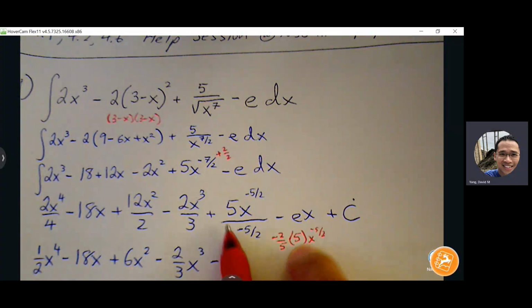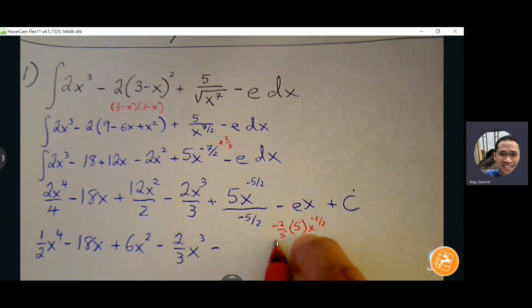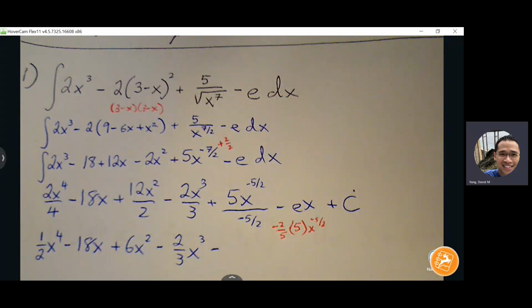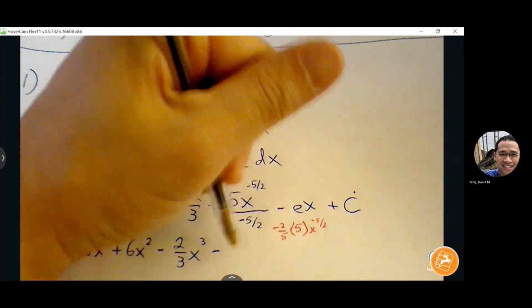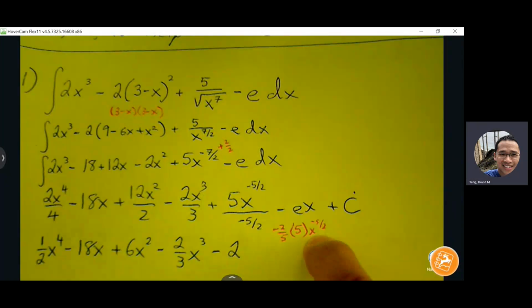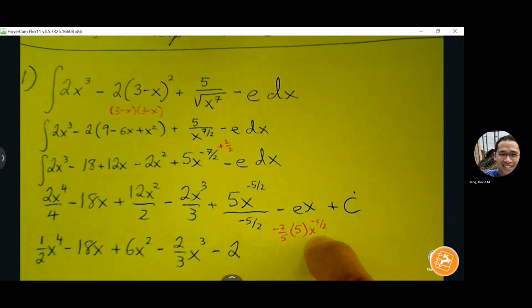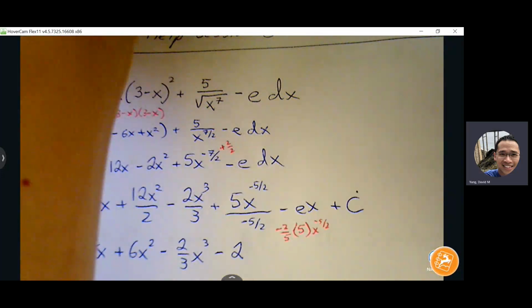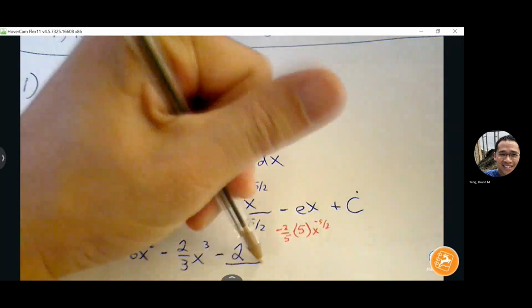Right, so -2/5 times 5 becomes -2, because we're -10/5, which is -2. And I can also push that variable back down to the denominator.